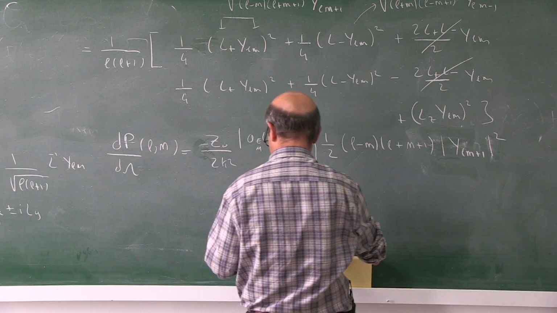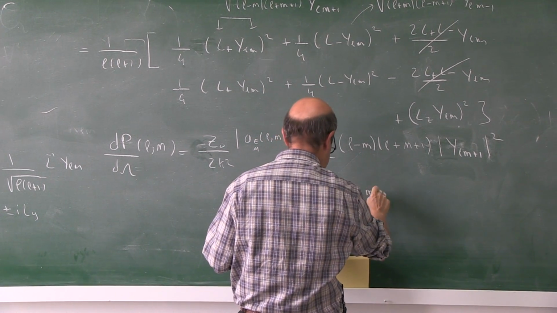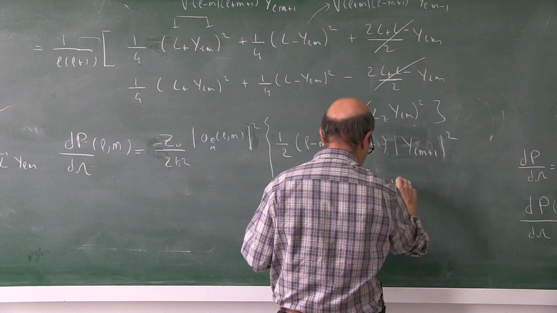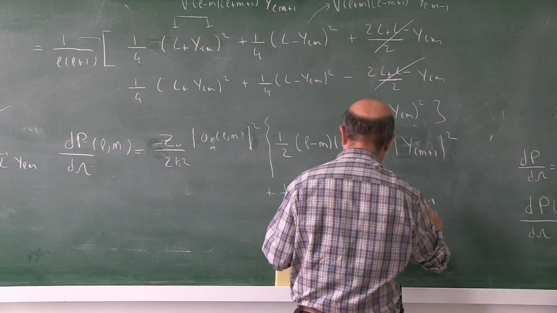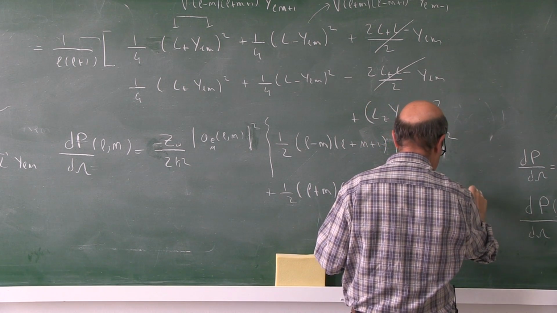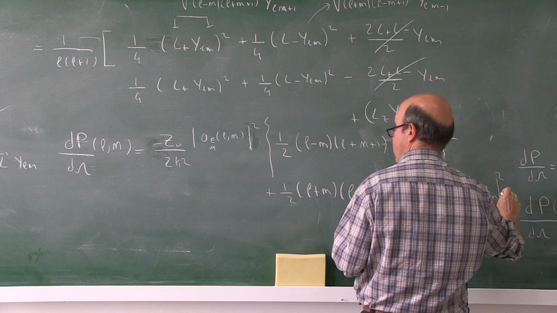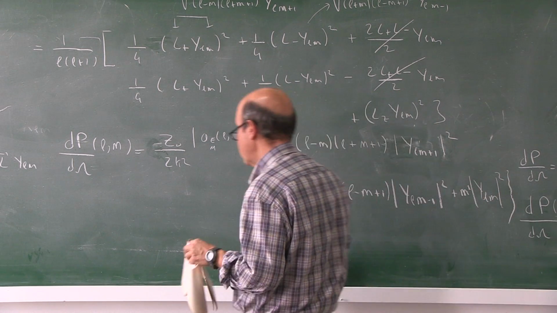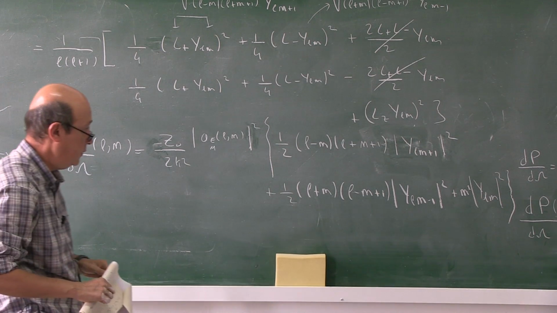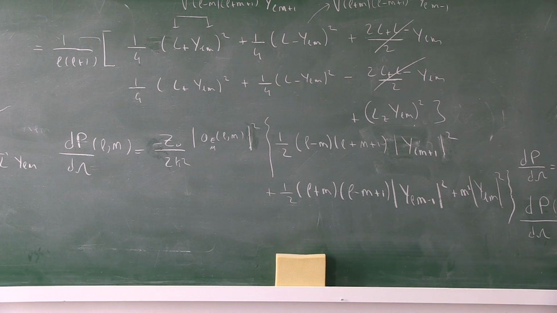The square of the second term will be 1 over 2 (L plus M)(L minus M plus 1) |Y_{L,M-1}|². And the last term will be M² |Y_{LM}|². And close the parenthesis. So this is the form of the angular distribution of the radiation at the far field zone in terms of multipole orders.